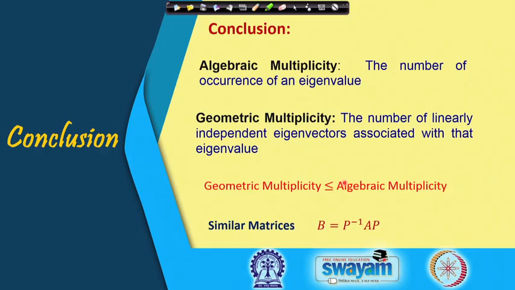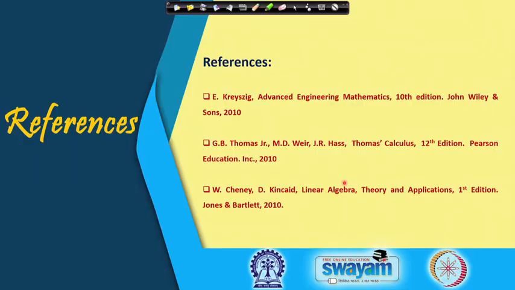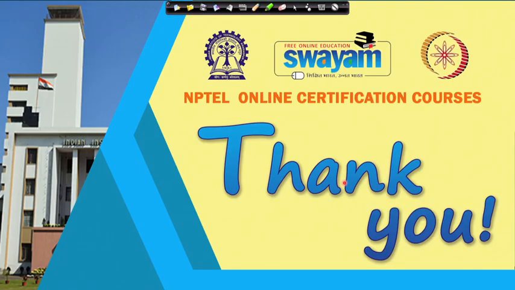And we have also talked about similar matrices, that means B and A are called similar to each other if we have the relation that B is equal to P inverse A P for some invertible matrix P. So, these are the references used to prepare these lectures, and thank you for your attention.